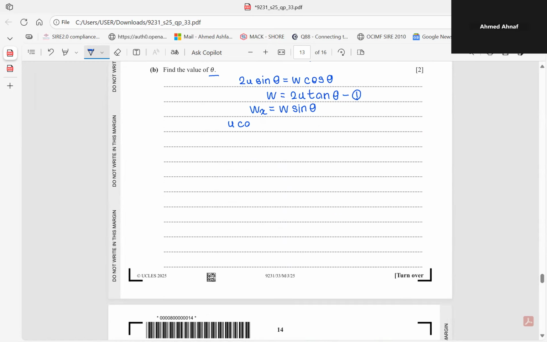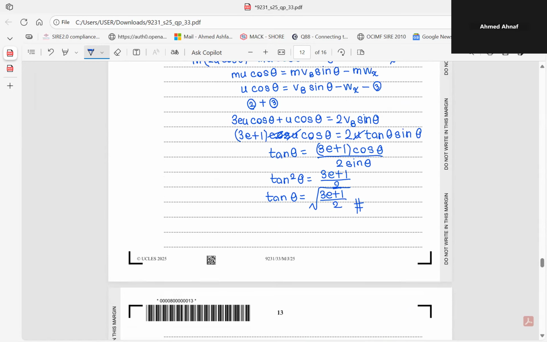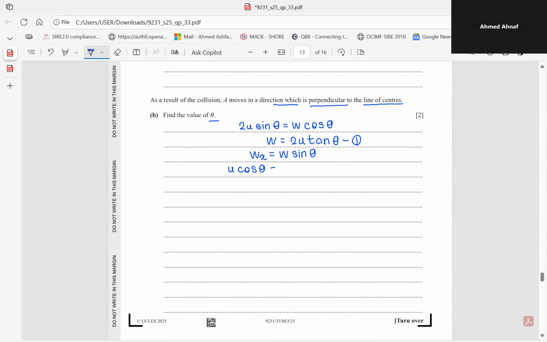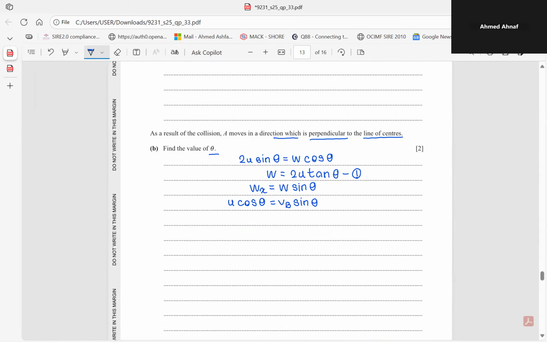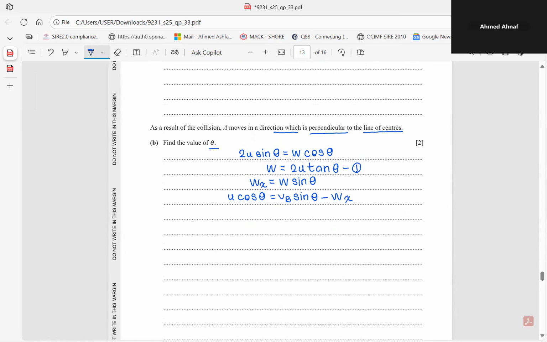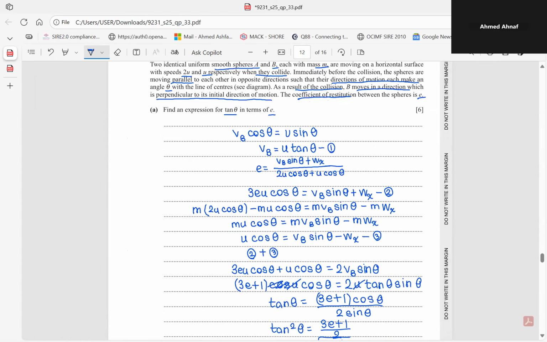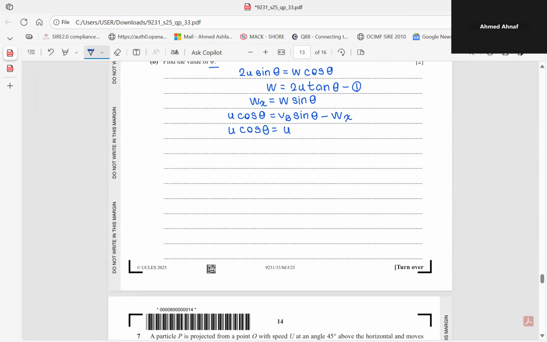All right, now let's put everything into equation 3. So let's copy down equation 3: u cos theta equals VB sine theta minus WX. Okay? So we'll now express everything in terms of u. VB, from our previous part, is just u tangent theta.